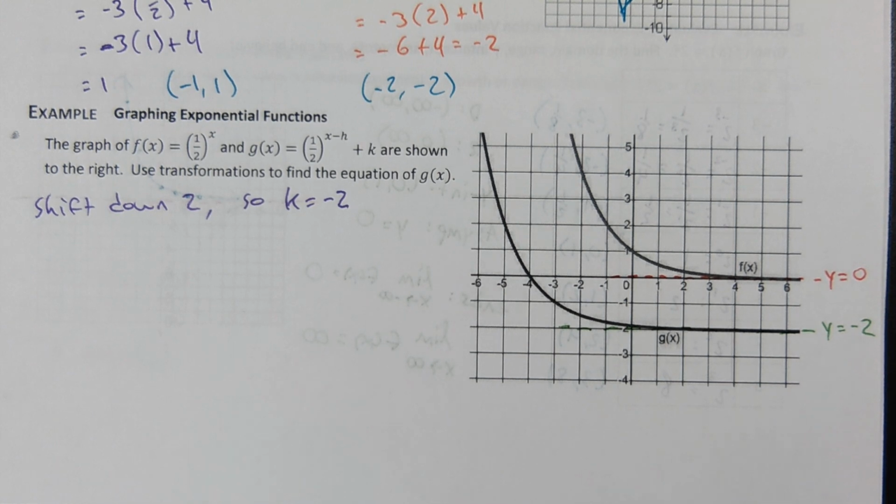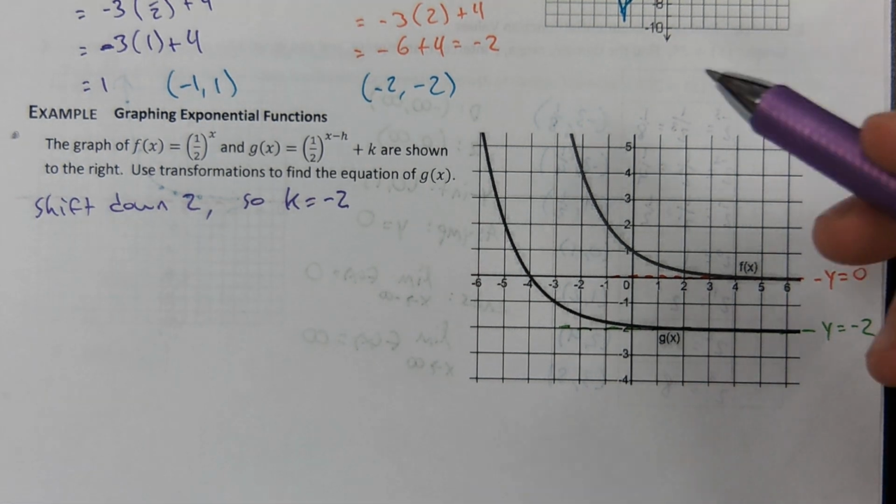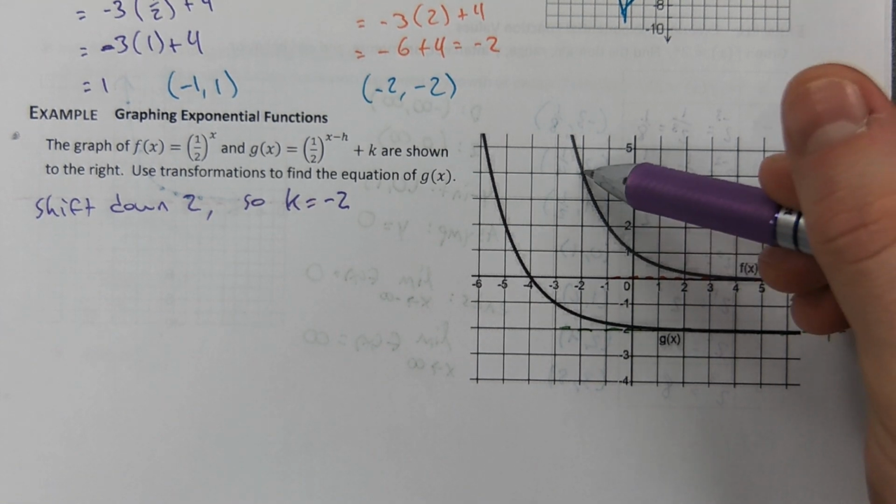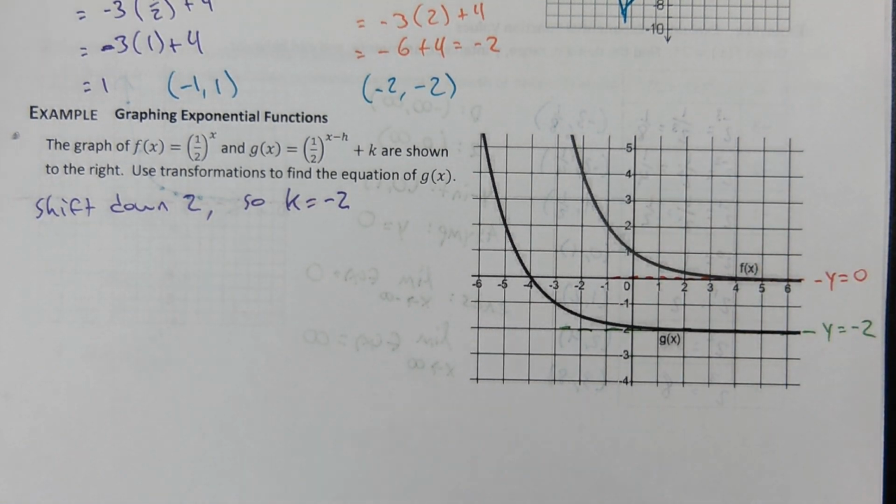Whoa. A bunch of you spoke at exactly the same time. What did you say? 0, 1, and then someone over here said a different one. Somebody said -1 something. Yeah. So we can either use 0, 1, or -1, 2, or even -2, 4. It doesn't matter. Pick any one of the pretty points.